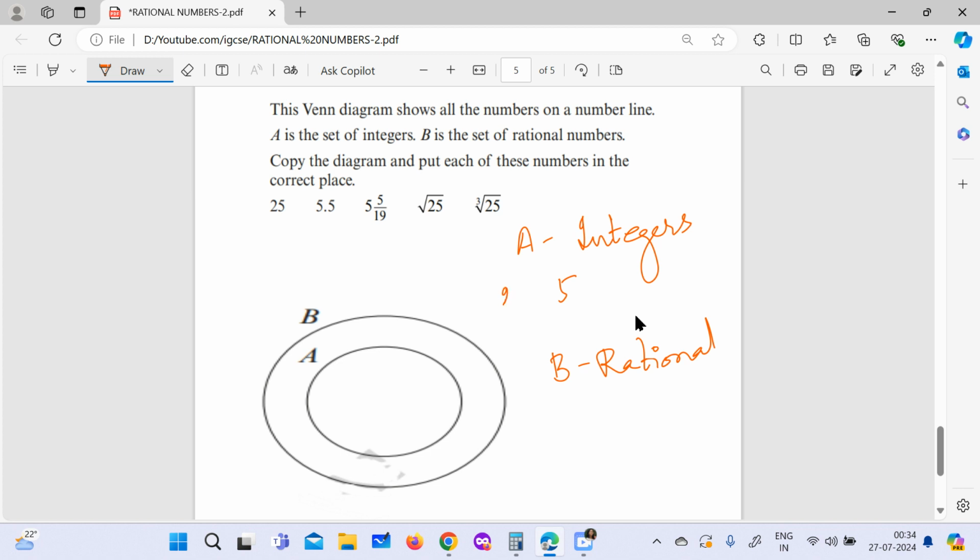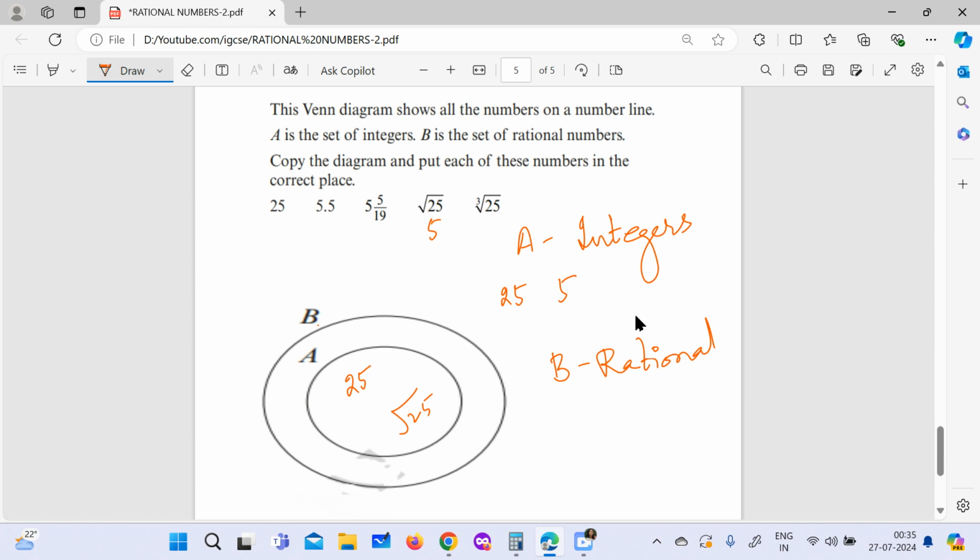And the square root of 25 is nothing but 5, so you get 5 also as an integer. So A is the set of integers, so inside this A circle we will write 25 and square root of 25.